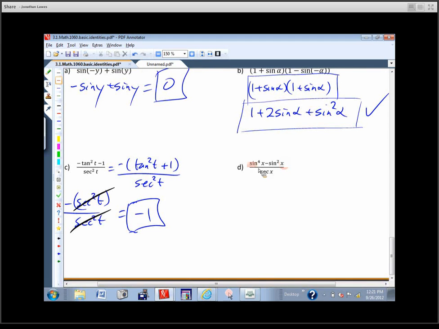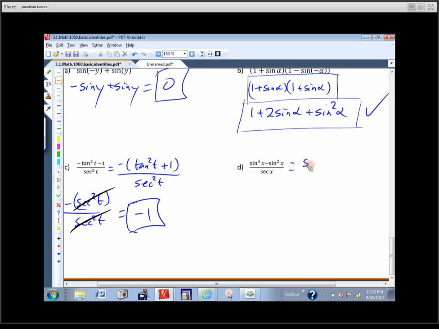Now, if you see a sine to the fourth, we don't have any identities with sine to the fourth in them. But do you notice anything about the two of these? They both deal with sines, and in fact, I've got 4 sines multiplied together here, 2 sines multiplied together here, so don't I have a common factor?